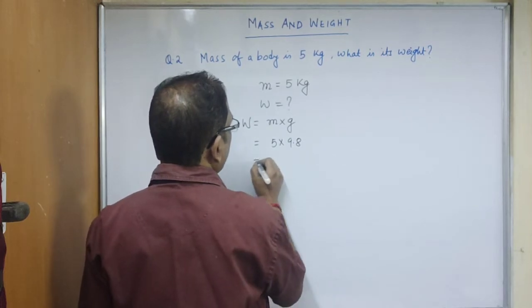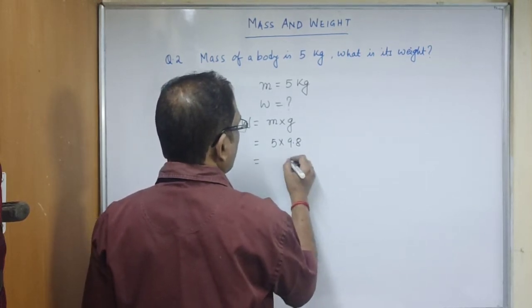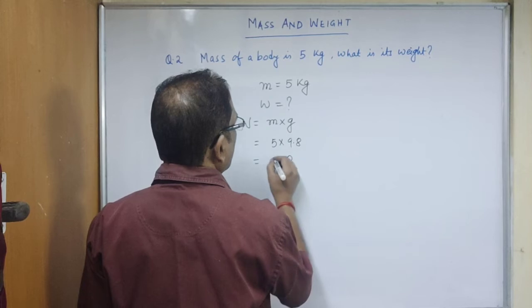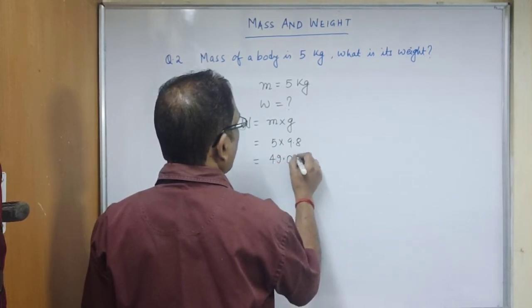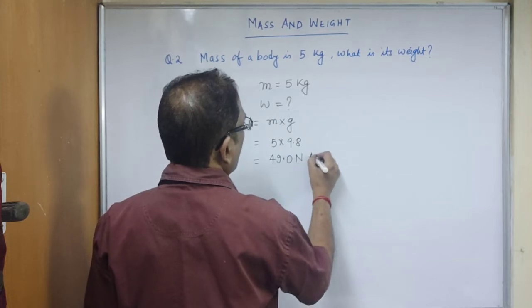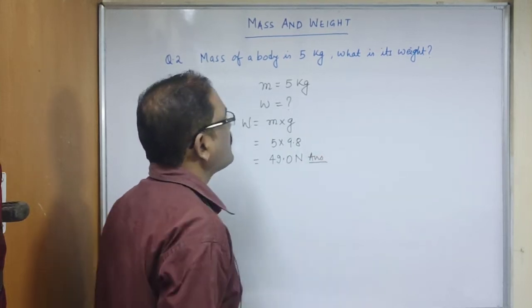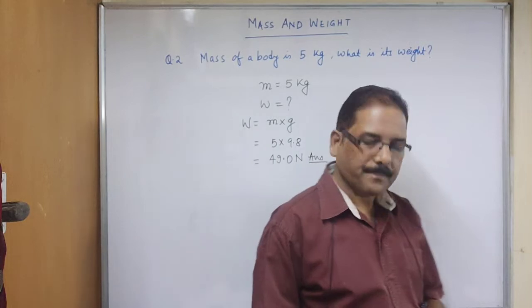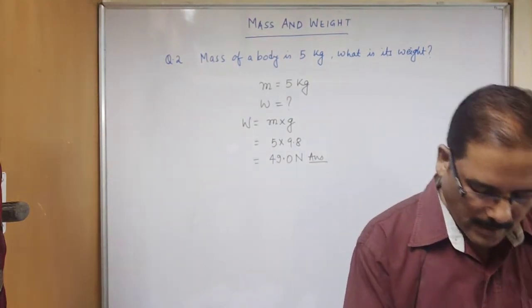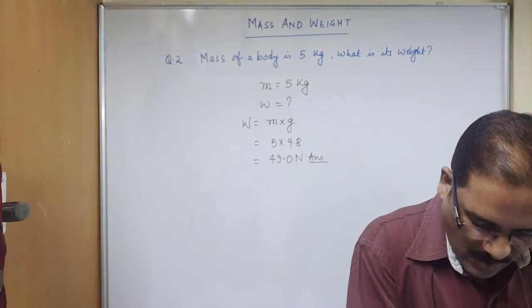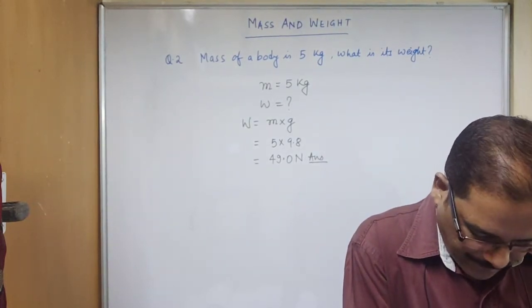So multiply it with 5. 8 5s are 40. So 5 9s are 45 and 4 is 49. So 49 Newton is the weight. In this way you have to calculate the weight of an object if mass is given.